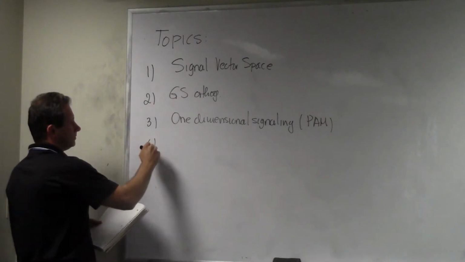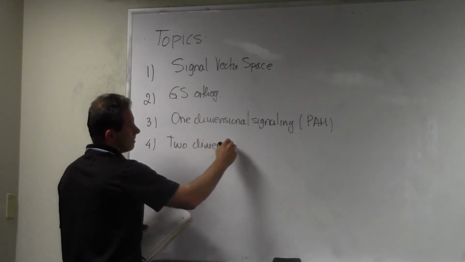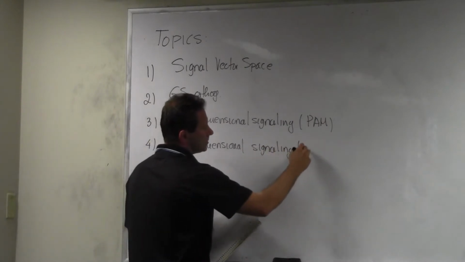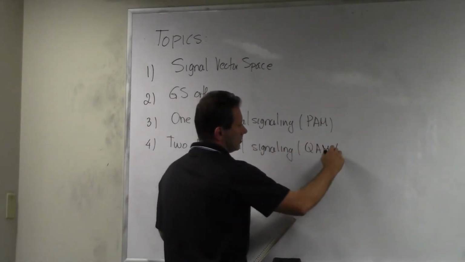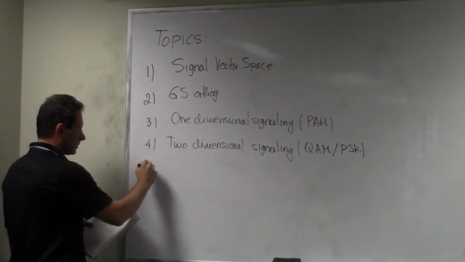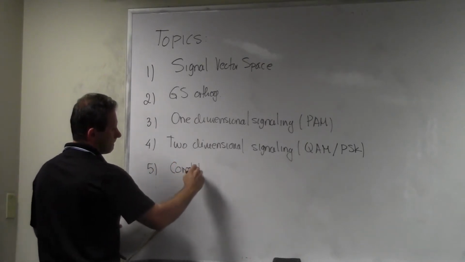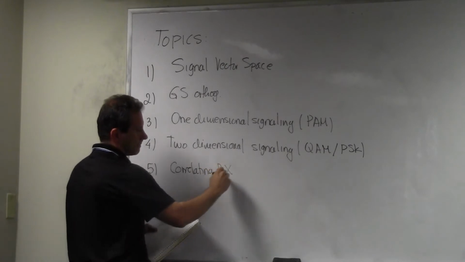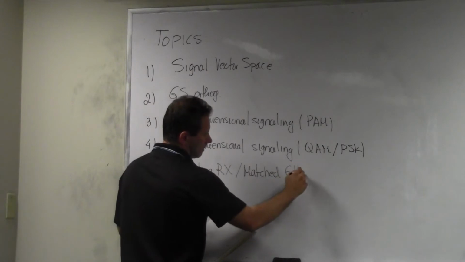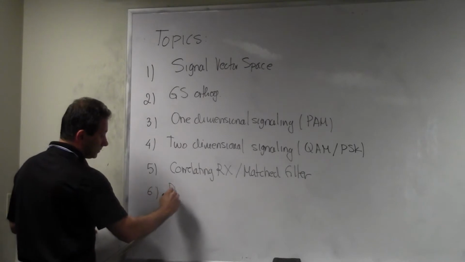Two-dimensional signaling, that's both QAM and PSK. Correlating receiver, matched filter. Probability of error, waterfall curves.